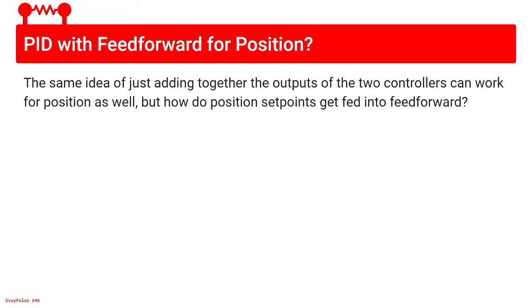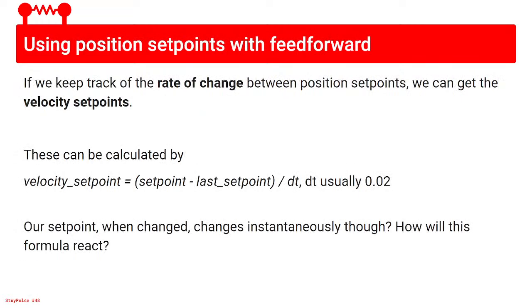Keep going. Okay, so PID with feed forward for position control, right? The same idea of just adding together the outputs of two controllers, PID and feed forward, that can work for position as well. But then how do you get positional set points into feed forward? What you can do is track the rate of change between positional set points.